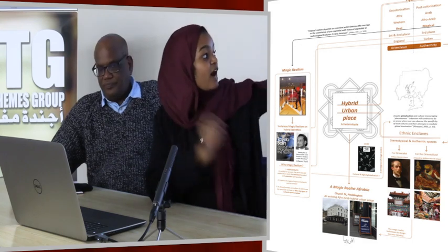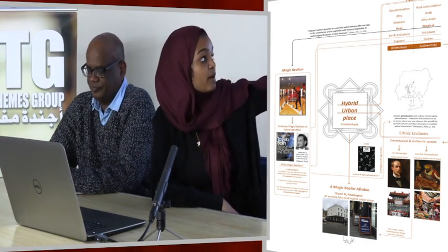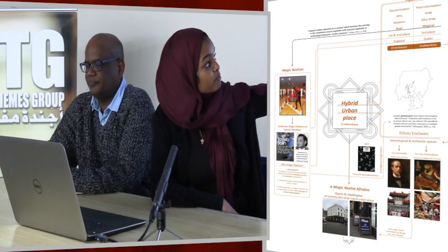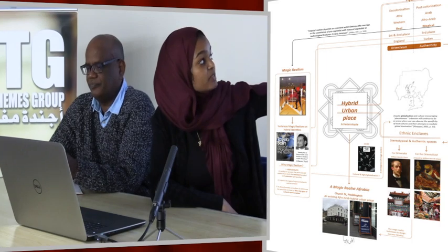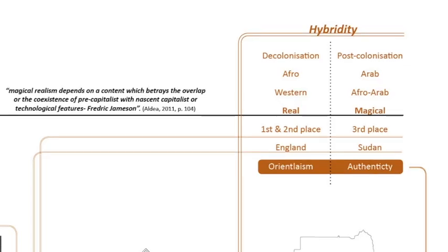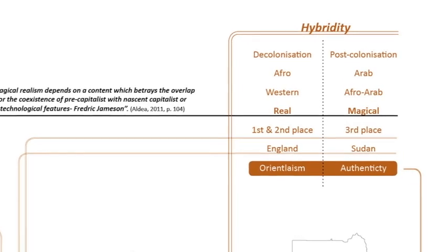It's a hybrid of Sudan and Britain, which is why I have the two maps here. Then I looked at hybridity, and in particular decolonization and post-colonialism: the Afro, the Arab, the Western and the Afro-Arab.